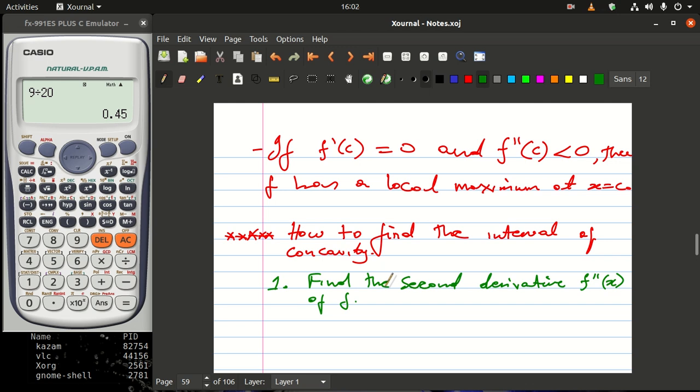So you will find the first derivative and then find the derivative of the first derivative, which is the second derivative. And then the second thing that you need to do, set f double prime of x to be equal to 0. Once you set that equal to 0, you will find the x coordinate of the point of inflection. So you set this equal to 0 and solve for x, right?